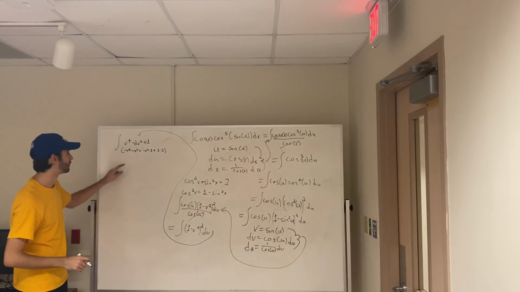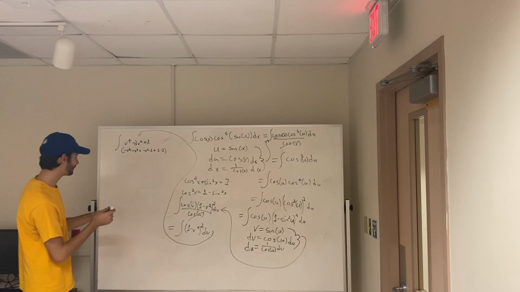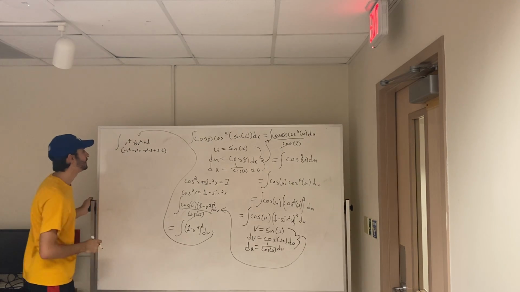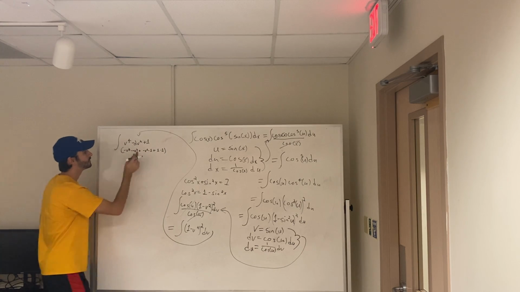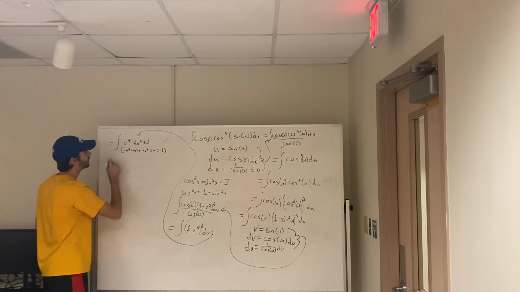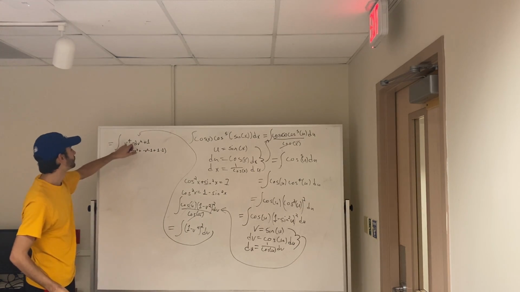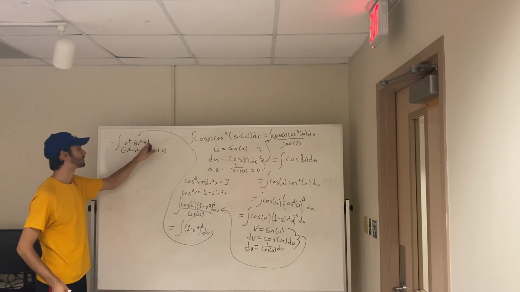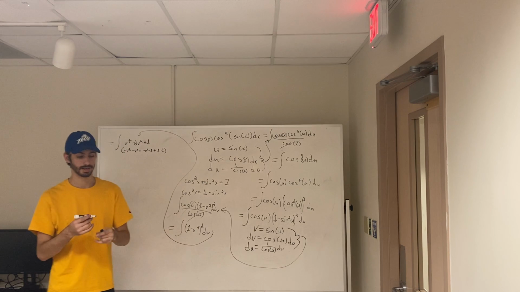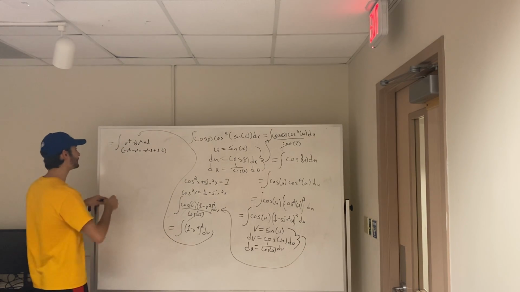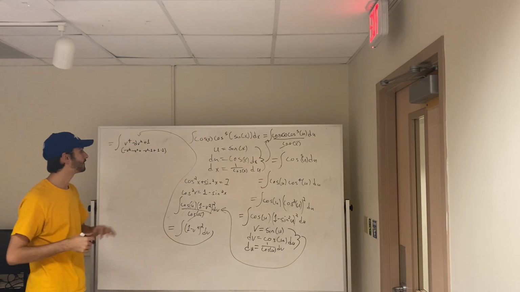That's how we FOIL the problem, and that's how I got this answer right here. But when you multiply negative by negative, it cancels out and gives you a positive. So our answer is going to be the integral of v to the power 4 minus 2v squared plus 1. Okay, this looks a lot better. And since we have these minuses and pluses, we don't have anything else going on.